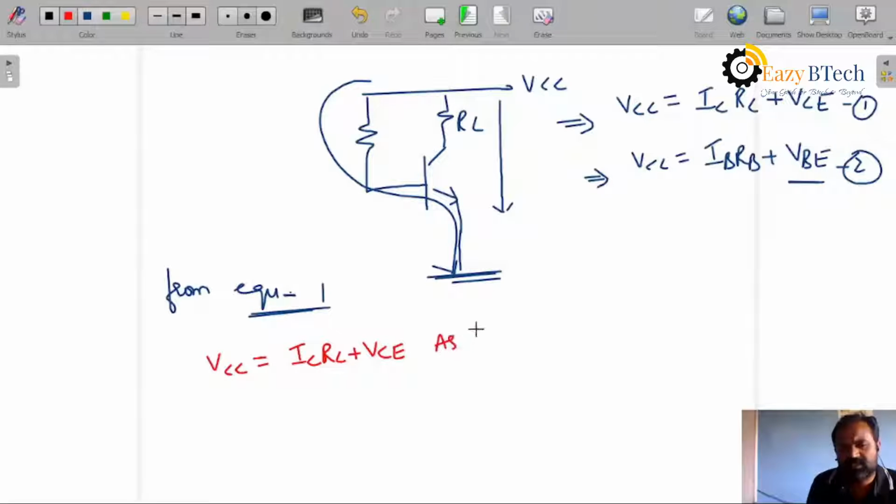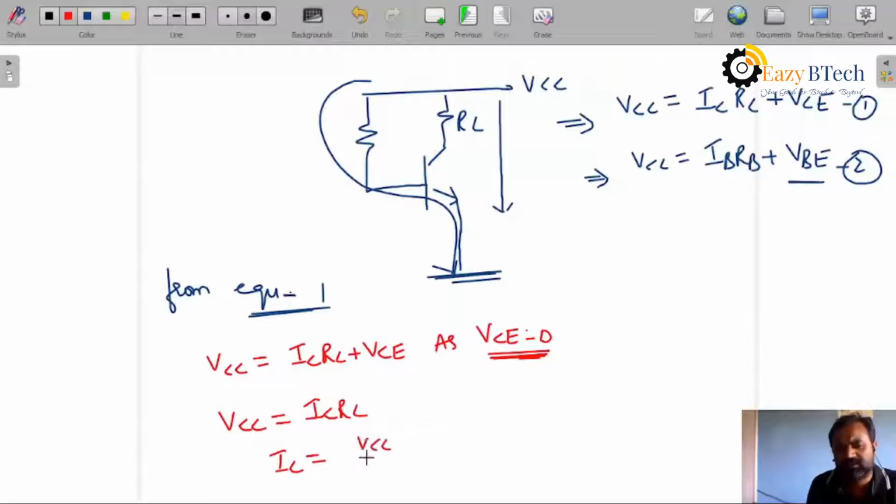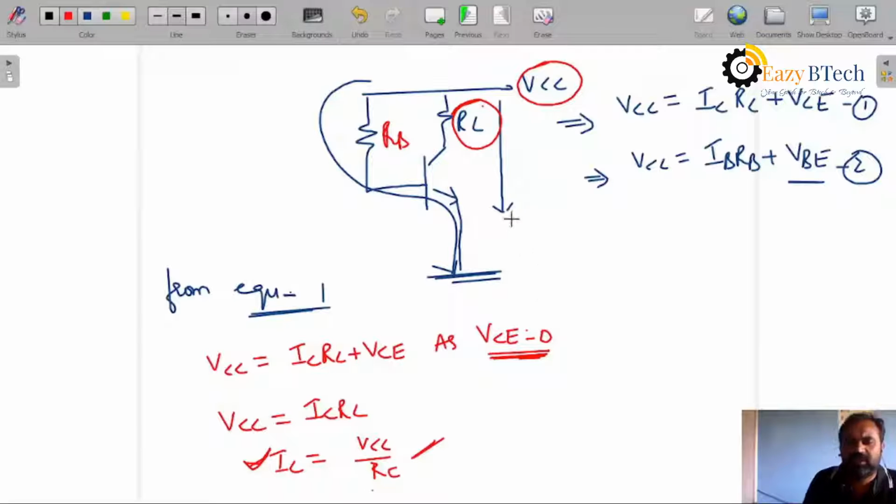By knowing the values of RC and VCC, we will get the value of IC current.